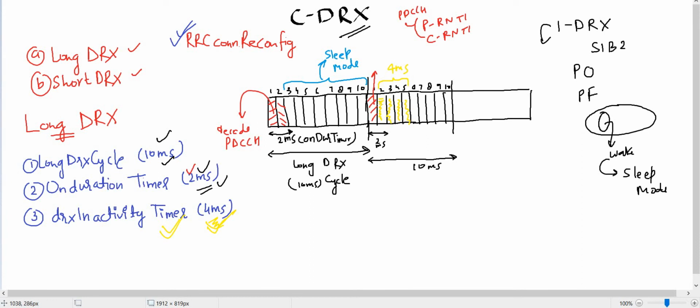Suppose the UE received data in the second subframe, third subframe, and the fourth subframe also, and in the fifth subframe the incoming data is stopped. But still the UE will decode this PDCCH. Why? Because this DRX inactivity timer is there.